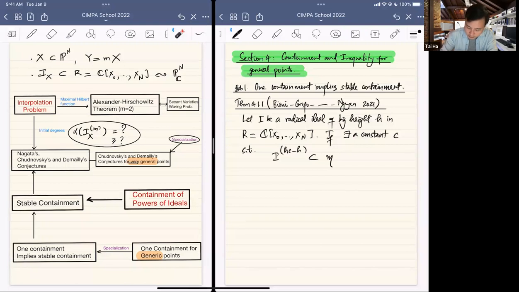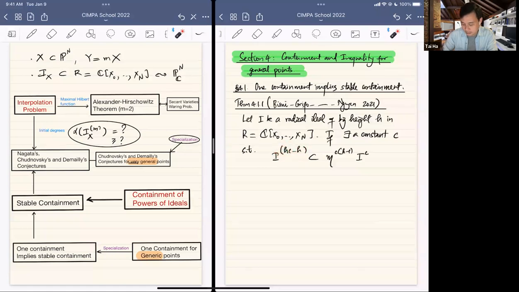So R is now replaced by C. Some I to the C. If you look at this, the power here is slightly different from the Harbourne and Huneke containment. The Harbourne and Huneke containment is just this power without this H, right?